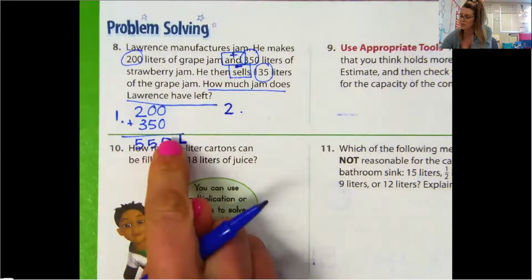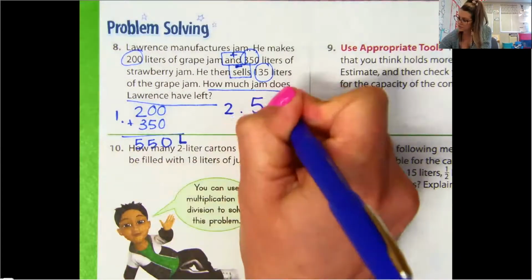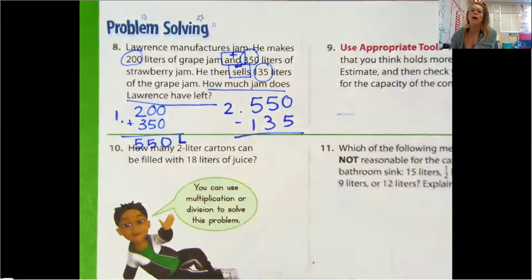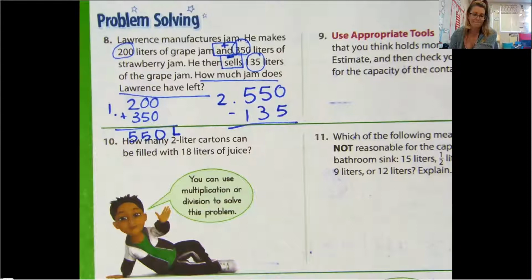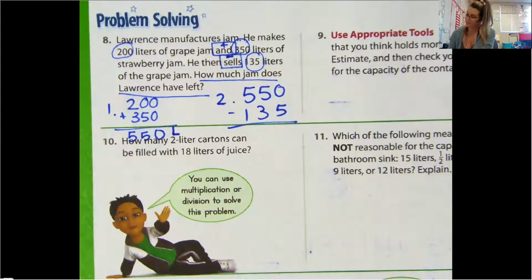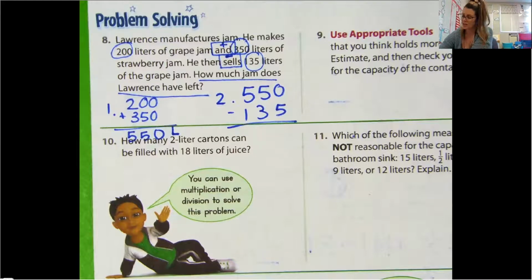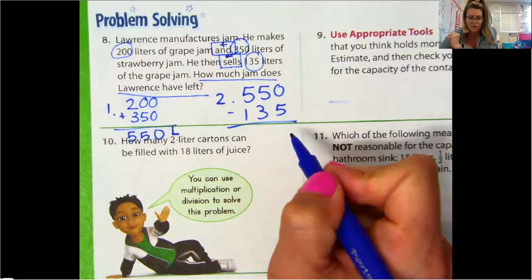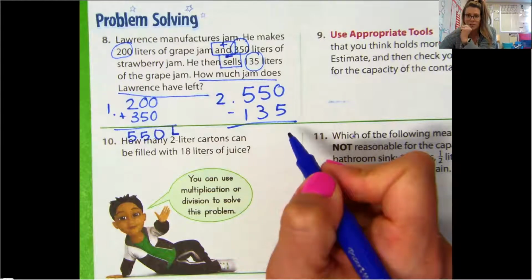Well, we started with this, and we are subtracting. Go ahead and solve that for me. All right, you should have an answer. 0 minus 5. If you have 0, can you take away 5?